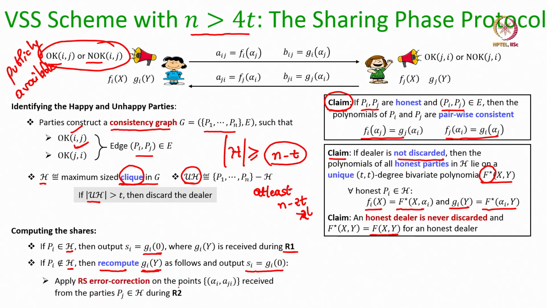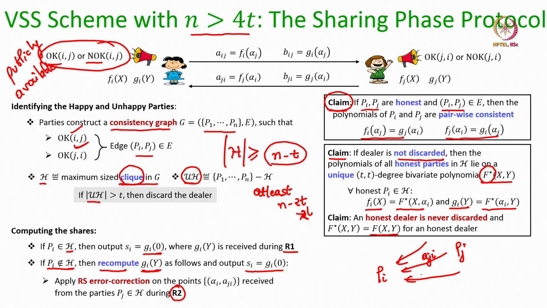During the second round, as part of the pairwise consistency check, this party p_i, who is not part of the happy set, would have received the supposedly common values a_ji from different parties p_j during the second round.